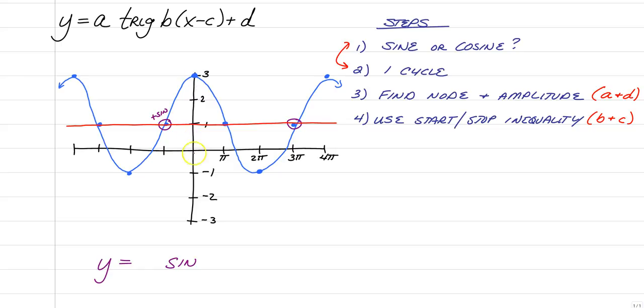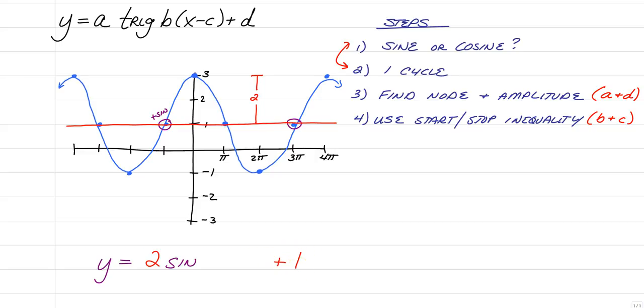So we can see the total height of this wave is 4. But we're just going to go with an amplitude of 2. Remember, amplitude is how far you are from the node to the crest and trough. So we have an amplitude of 2. So remember, amplitude is A, so we're going to put that over here. And your node line is D, so at the end of this equation is going to be a plus 1.